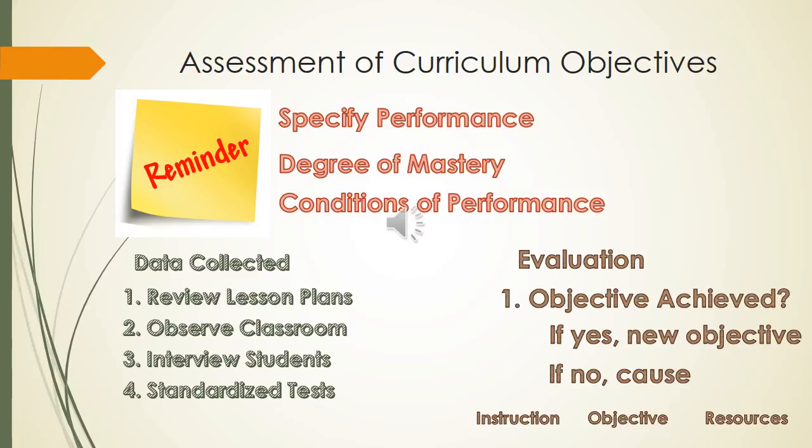And basically we're concerned if the majority of the class gets number 7 wrong. But we don't seem to be as concerned if that number represents how many kids didn't master the objective. And that should concern us more.